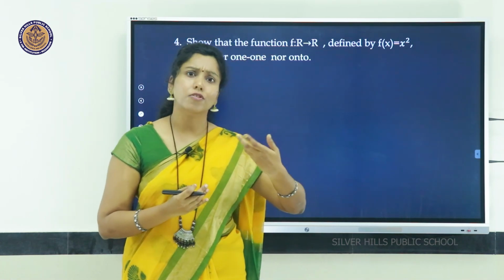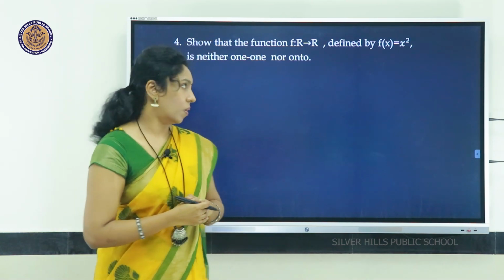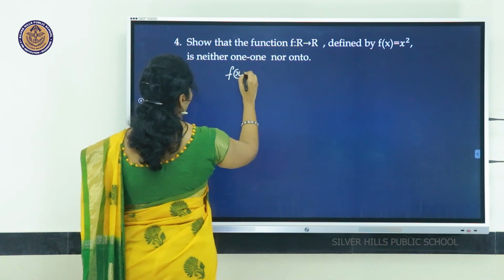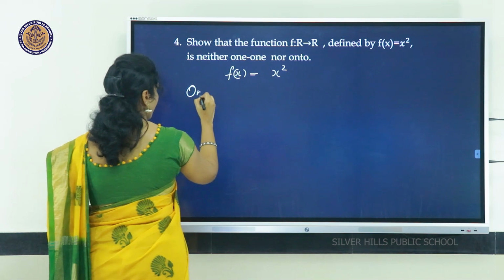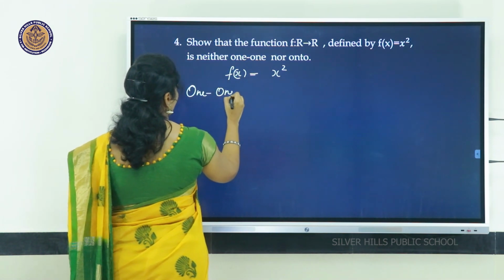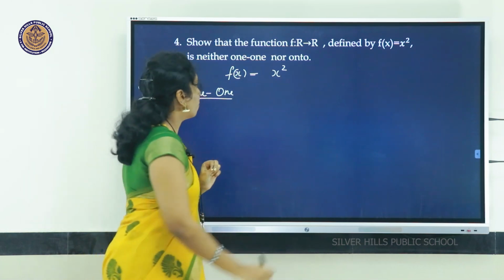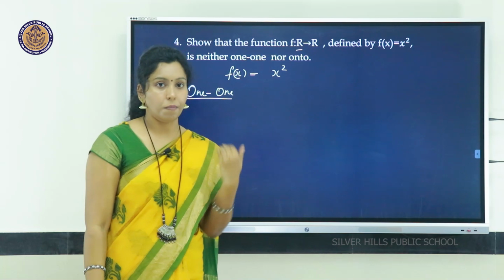So, it is enough to give examples so that we can complete our work. So, what is the function here? It is given f of x is equal to x square. So, now let us start with 1-1. I am just going to take two members from the first set, that is our domain.